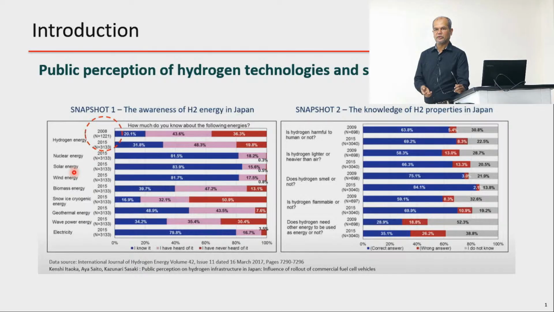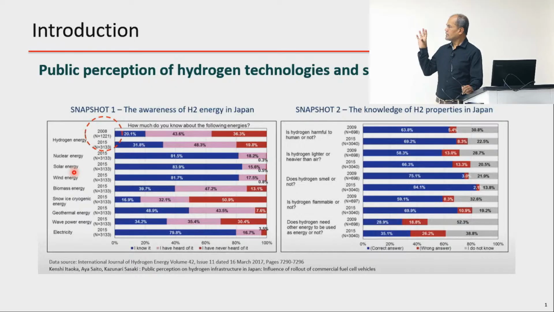And students studying chemical, electrical or mechanical engineering might also know about it. But what I'm trying to say is that we need to do more work to deliver the message to the community, and we also need workshop discussions so that they not only hear about the technology but also know about it.